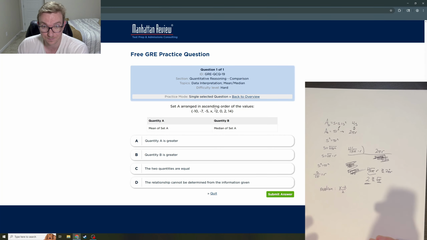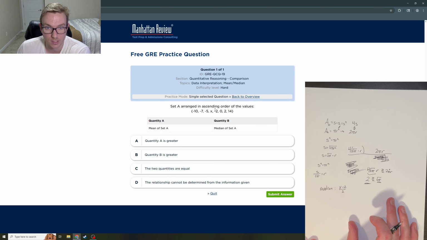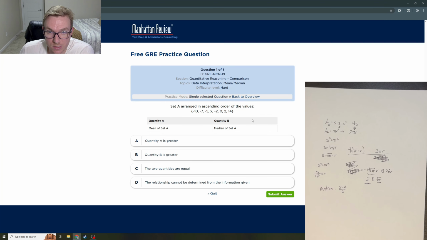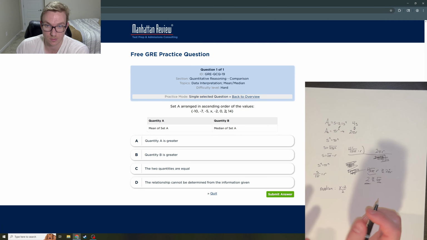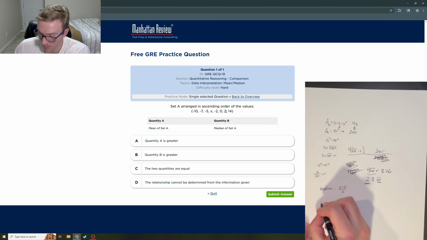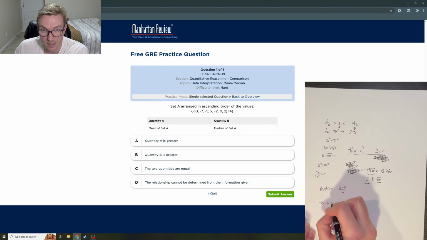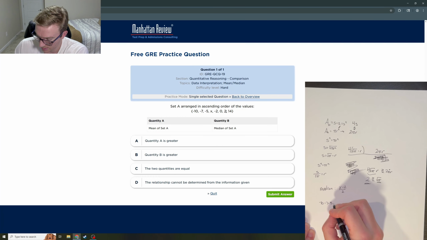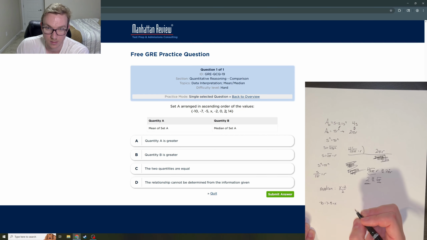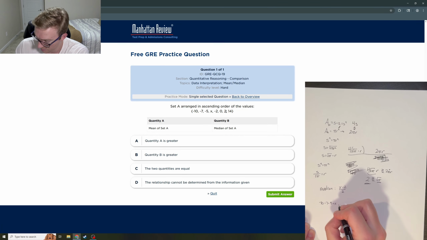Now the mean, let's work this out. We have 8 data points, and we're adding things together, so I can make the algebra easier. This minus 2 and this 2 cancel. The 0 doesn't do anything. So all we have is minus 10, minus 7, minus 5, plus x, and then plus 14.